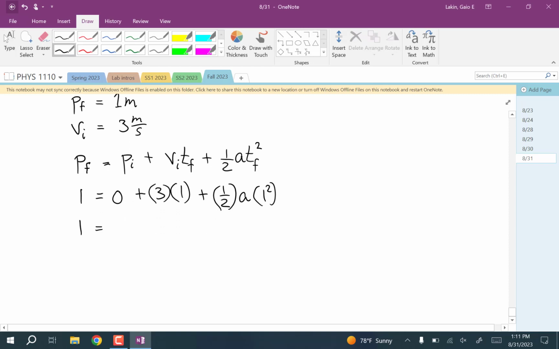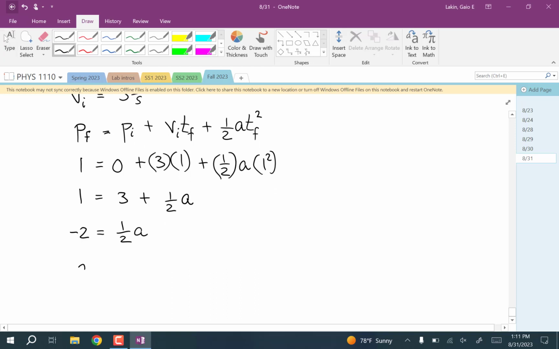So 1 is equal to 3 plus 1/2 A. Subtract 3 from both sides and you get -2 is equal to 1/2 A. Multiply both sides by 2 and you get that the acceleration is -4 meters per second squared.